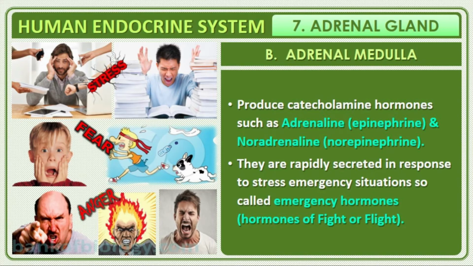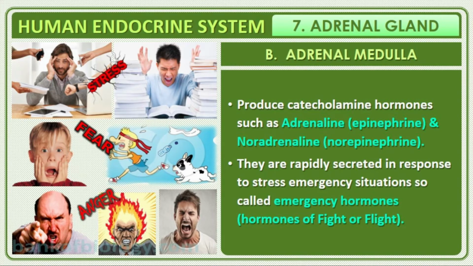Adrenaline is otherwise known as epinephrine, and noradrenaline or norepinephrine. What are the catecholamine hormones? Adrenaline and noradrenaline, otherwise known as epinephrine and norepinephrine. Did you understand?